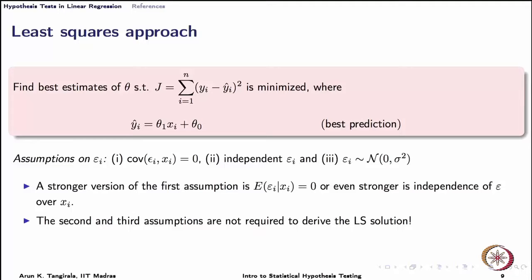In fact, a stronger version of this assumption is that the conditional expectation of epsilon given x is 0, or that epsilon is even independent of x. What we are assuming is that epsilon and x are uncorrelated, there is no linear effect of x on epsilon, but a stronger assumption would be there is no nonlinear effect at all, there is absolutely no effect of x on epsilon.